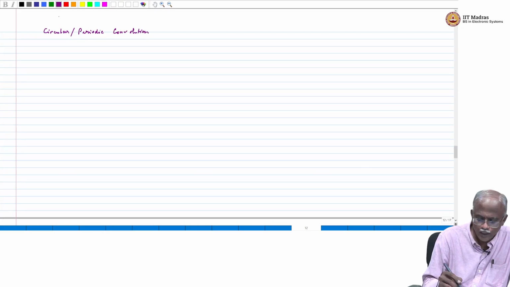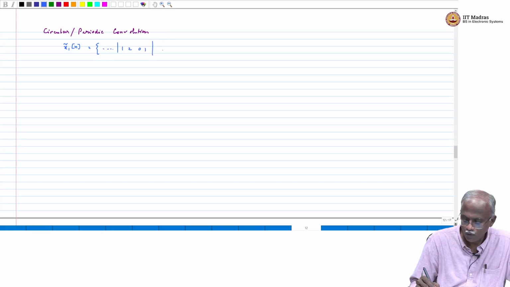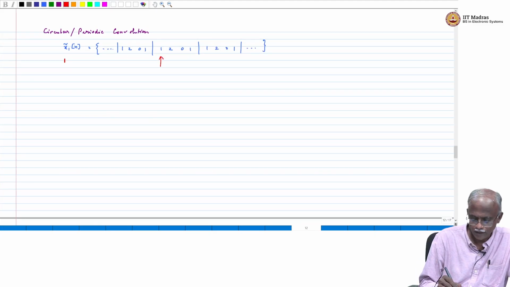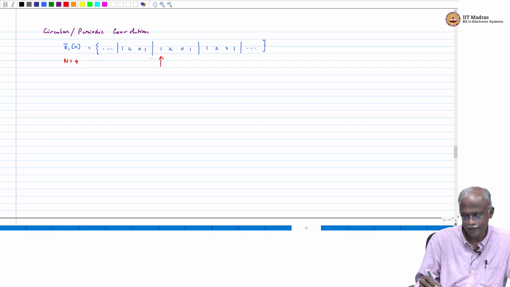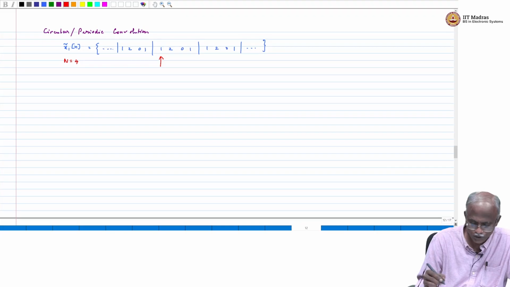We are asked to do circular or periodic convolution of x1 tilde of n, which is a sequence that looks like this: 1, 2, 0, 1, 1, 2, 0, 1, 1, 2, 0, 1, and so on. This is my origin. You recognize that the period is equal to 4, and the initial period will be 1, 2, 0, 1.